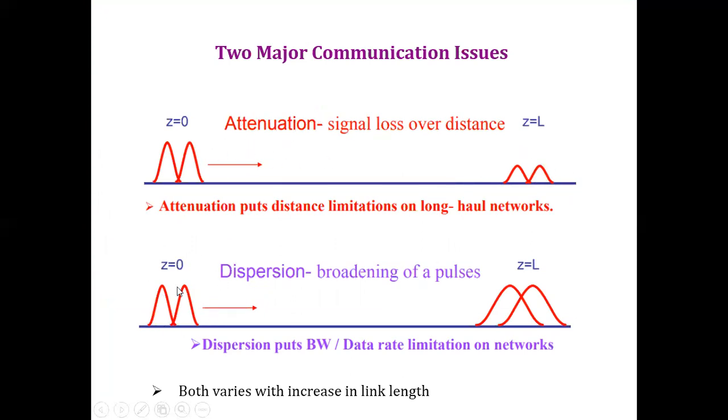When we give the input like this and it is transmitted over a long distance, we get the output like this, with pulse broadening. This type of signal is said to have dispersion, or broadening of pulses. So here we have two major issues: attenuation and dispersion. Attenuation is the reduction in amplitude, and dispersion is the broadening of the pulses.